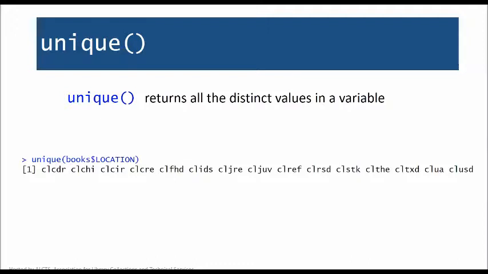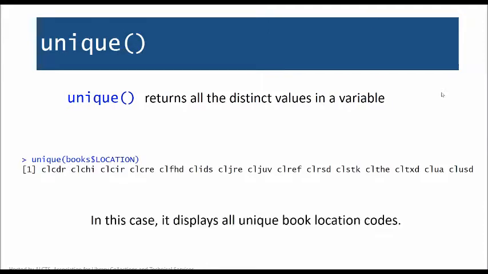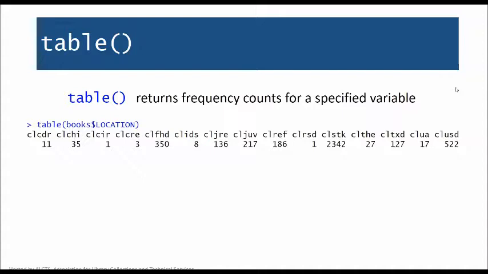So it's a good way of checking and making sure the data was imported correctly. Another function is you can get a quick glimpse of all of your different location codes. So you can say, okay, I've got my stacks, I've got my juvenile collection, and so on. So in this case, it's displaying all unique book location codes.